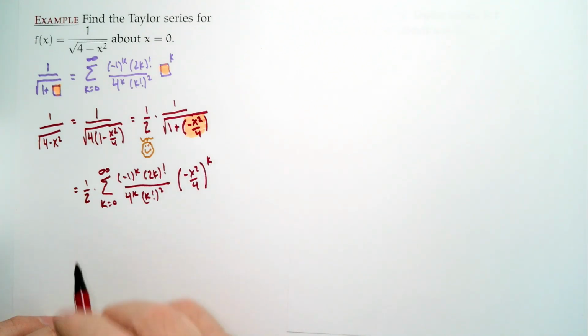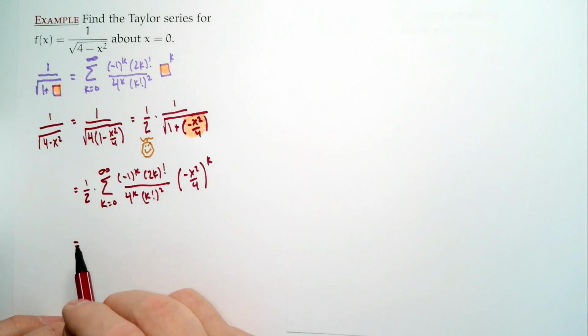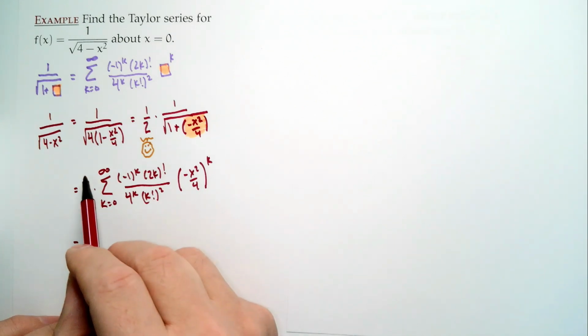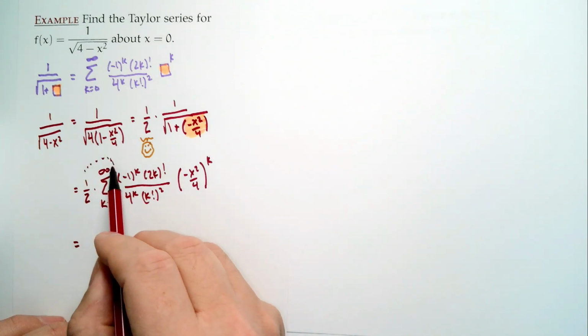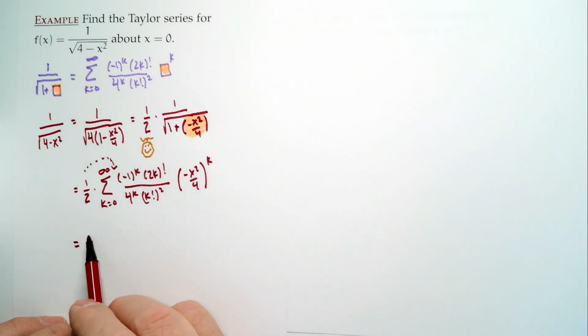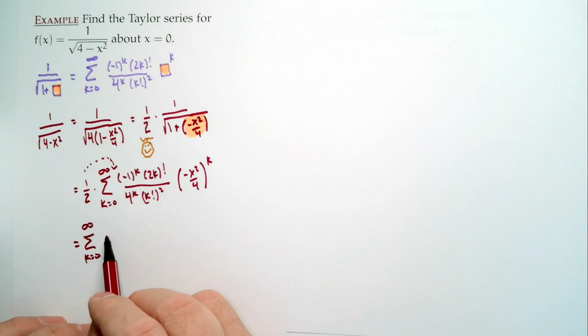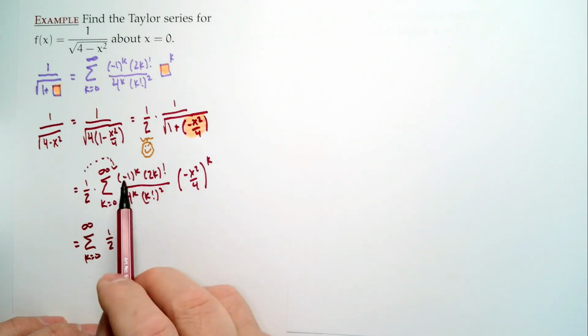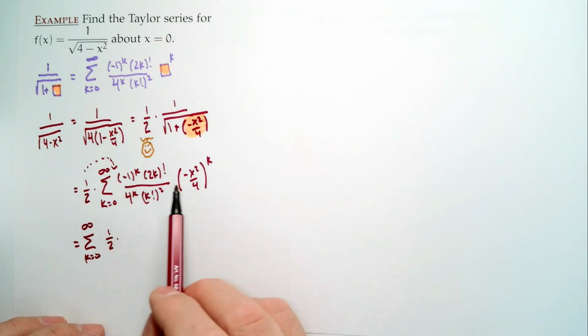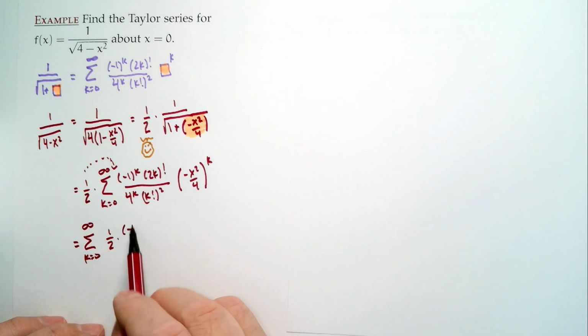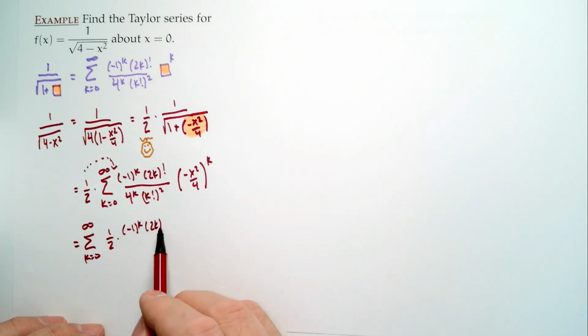Now, what do we end up with? Well, we could, if we wanted to, bring the half in. That's perfectly fine. So that's summation, k equals 0 to infinity, 1/2. Now, we have a minus 1 to the k. We're going to end up with, well, let's go ahead and write this all out.